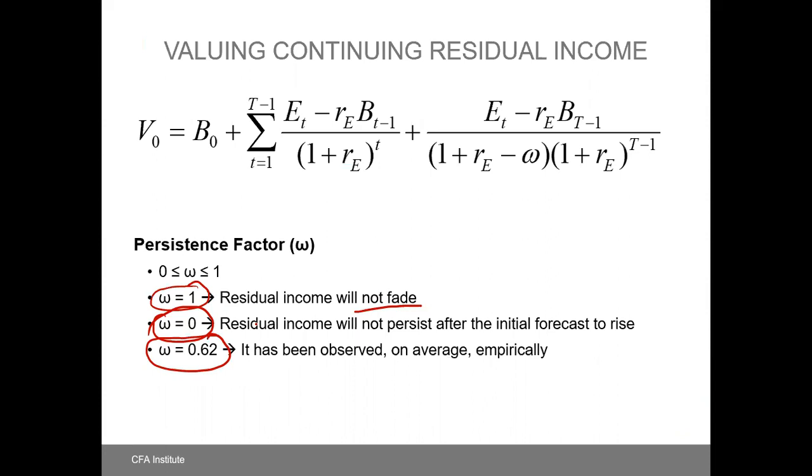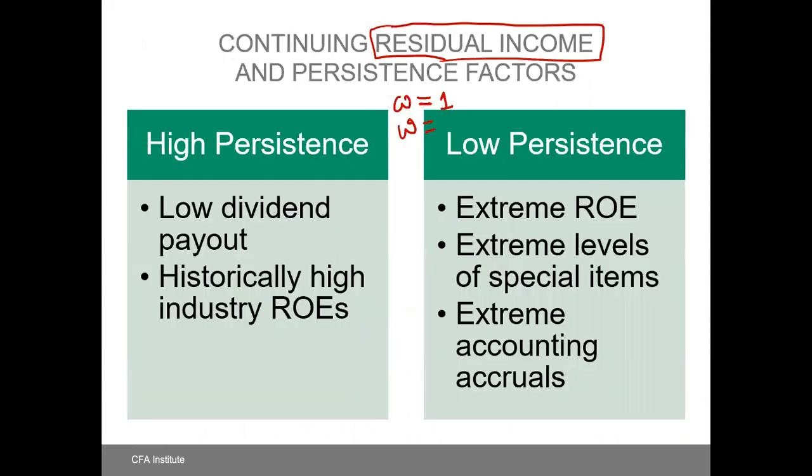So let's discuss why the firm should have a high persistence factor like 1, or a low persistence factor like 0. If the firm makes high investment, keeps more money in the firm, and pays less dividend to the equity holders, what do you expect?